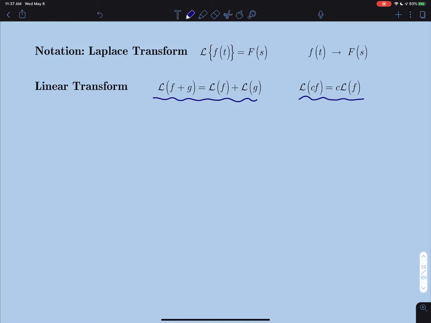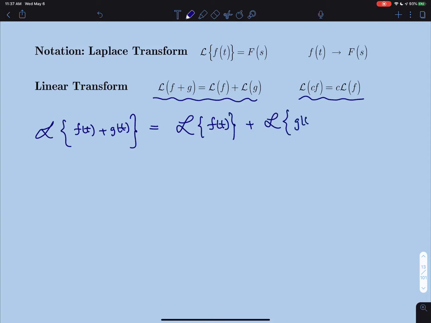Closed under addition and scalar multiplication basically tells me that if I take the Laplace transform of the sum of two functions, that would basically be the Laplace transform of each individual function. You can distribute Laplace transform through addition is basically what it means. And also if you have a constant multiple, you could always pull it out. But I'm going to do the proof for the summation.